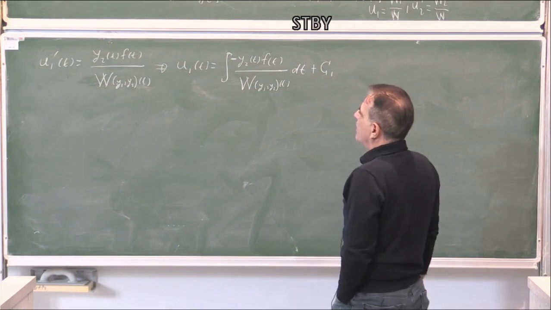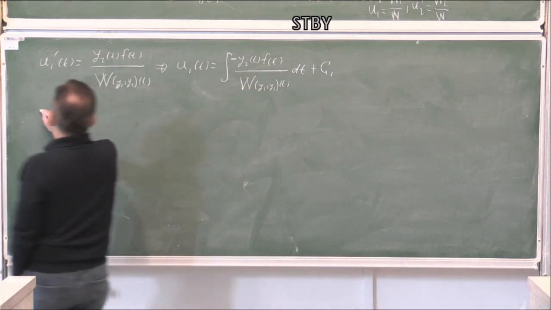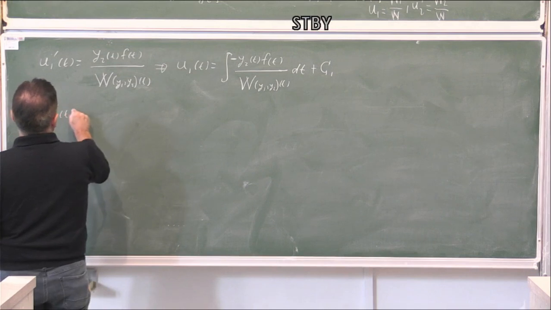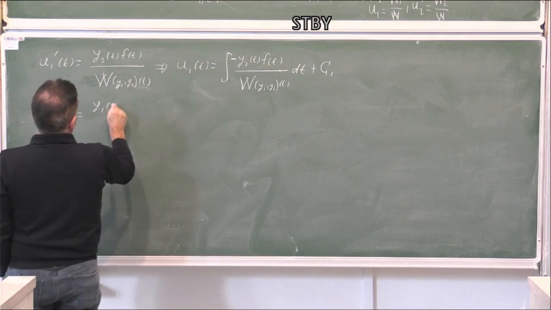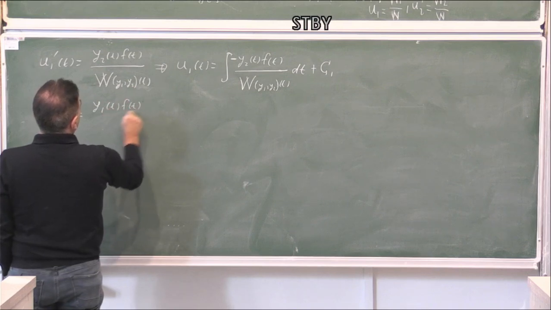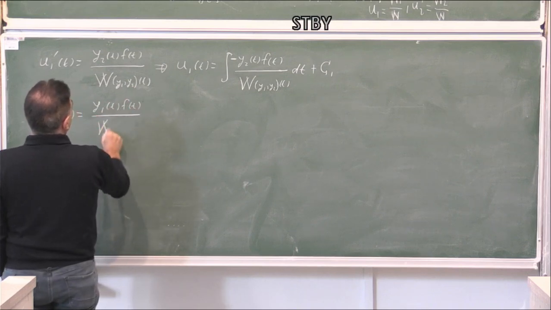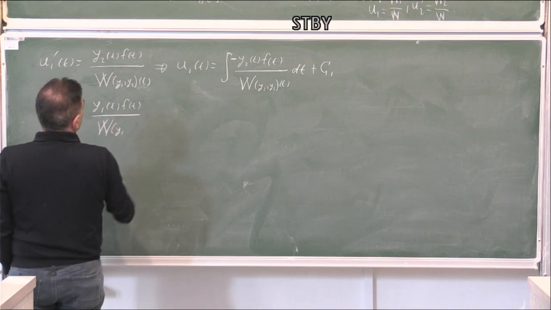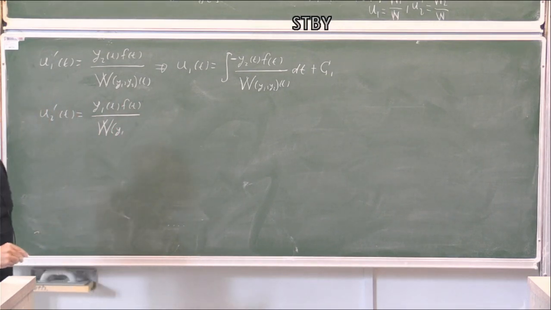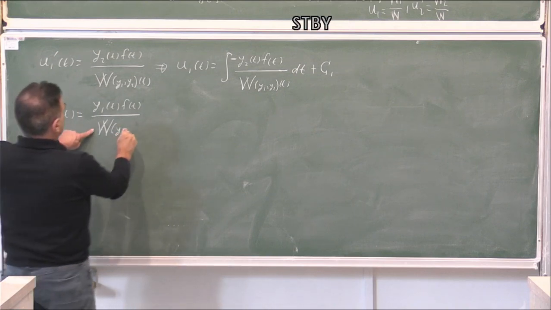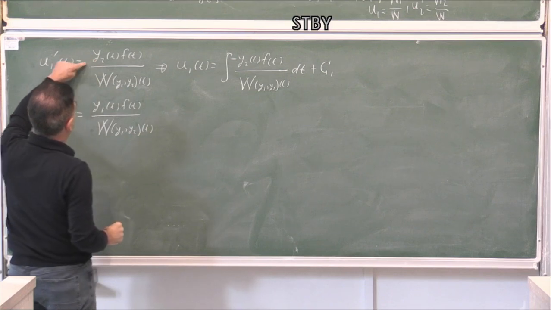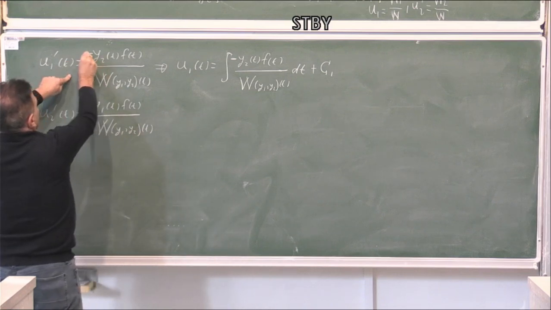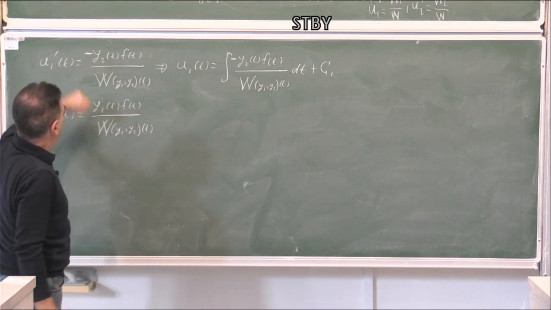u1 prime is with a minus sign, yes, do not forget this minus sign, minus y2 times f of t. Okay? And u2 prime of t is y1 of t f of t over the determinant of the coefficient matrix, which is nothing but the Wronskian of y1, y2 of t. Okay. Do not forget this minus sign for u1 prime.